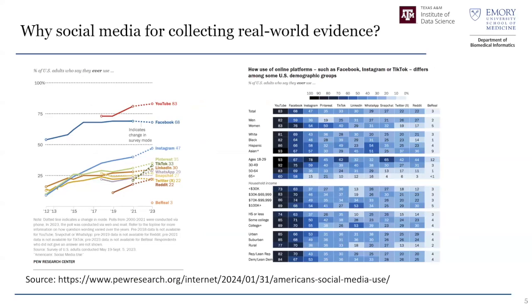And with some social networks like Facebook having been there for a long time, we also get different populations on different social networks. In fact, we are doing a study on Parkinson's where we're recruiting Parkinson's patients and obtaining their social media data by consent.